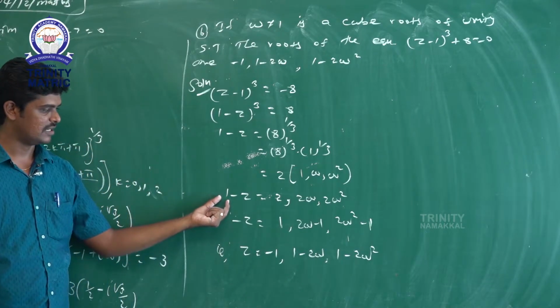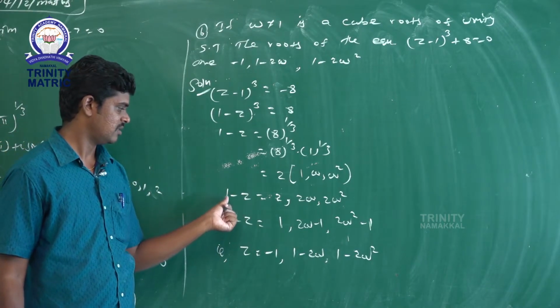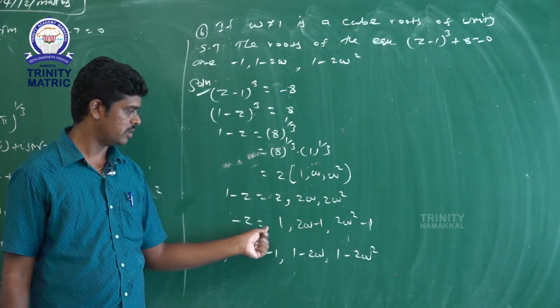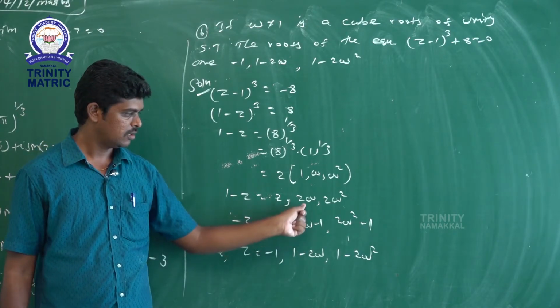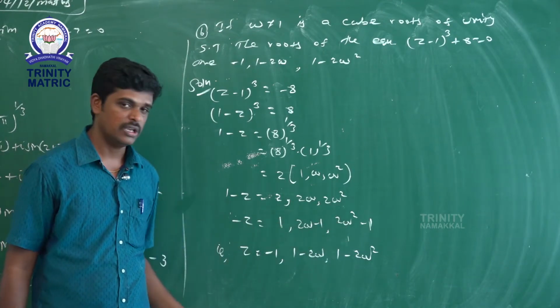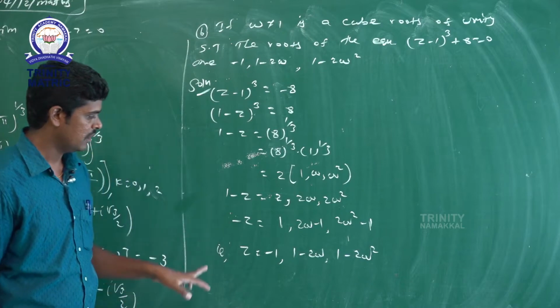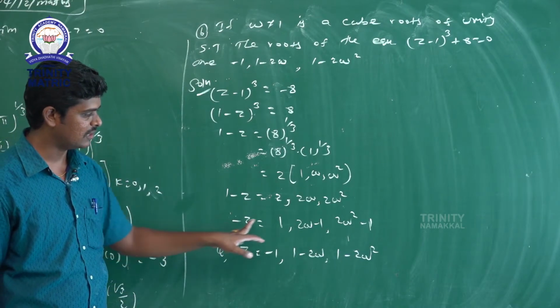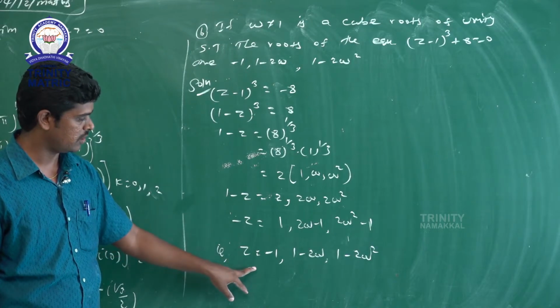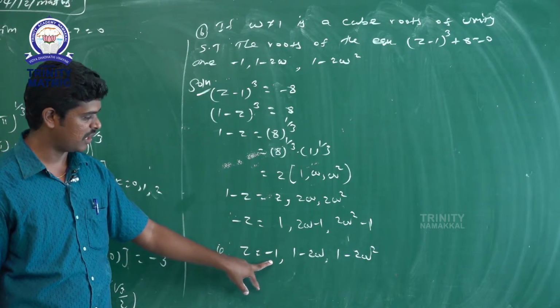That is the left side answer, 1 minus z. First we take 1 to the right side. So minus z is equal to 2 minus 1, that is 1, 2 omega minus 1, and then the third term 2 omega squared minus 1. You should apply this individually for all the values. Next, change the sign for all the terms. Here minus z, that is z is equal to plus 1, the change of minus 1.